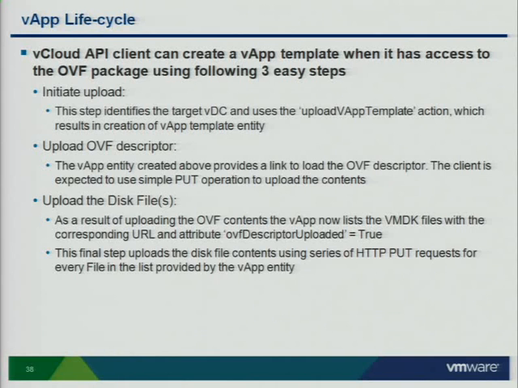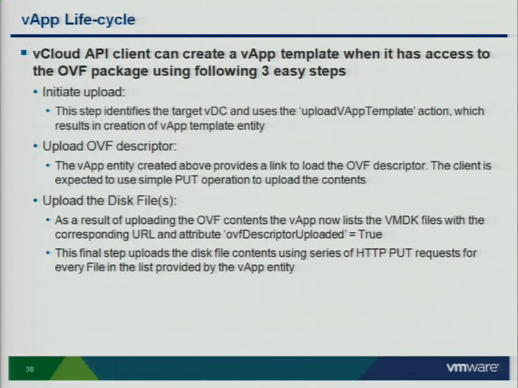Three simple steps. You have to start, or initiate, the upload. Once you initiate the upload, we will create a representation for that VApp in the cloud. Now, the endpoint still doesn't know what's inside the OVF file till we upload the OVF descriptor. So that's our next step, to upload the OVF descriptor.